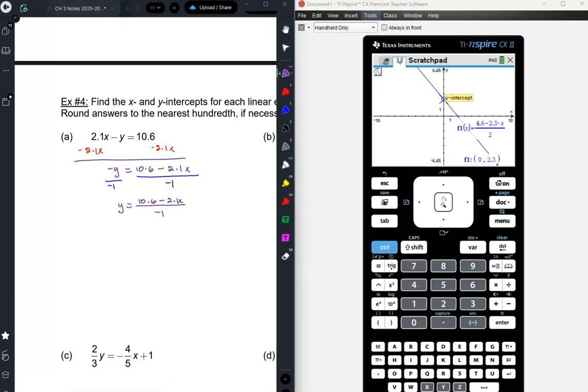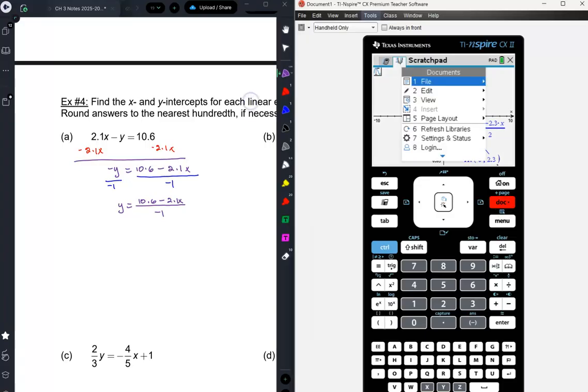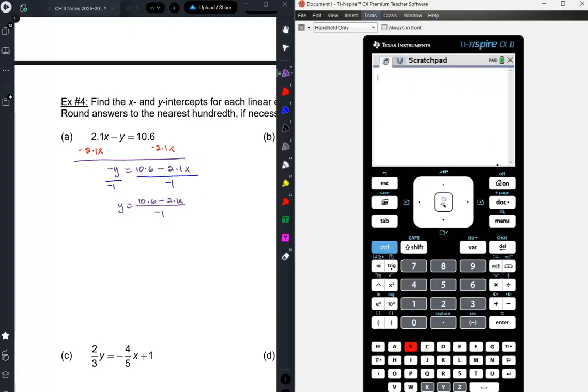So let's go to the graph, the calculator. I want to clear this. To clear it, your best thing to do is press the doc button, I'm sorry, I said that completely wrong. Press the doc button and Doc B, and it clears for you. So now press the calculator button, press tab if you have to.